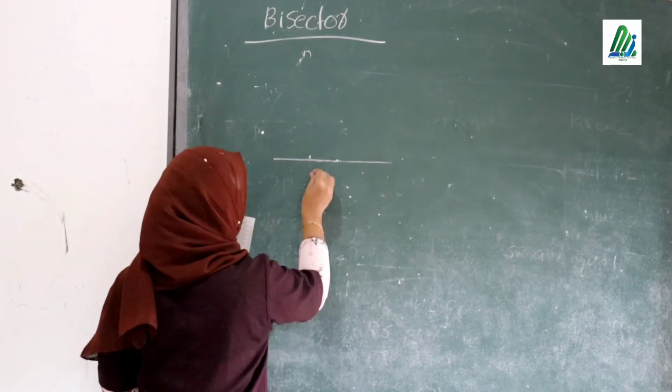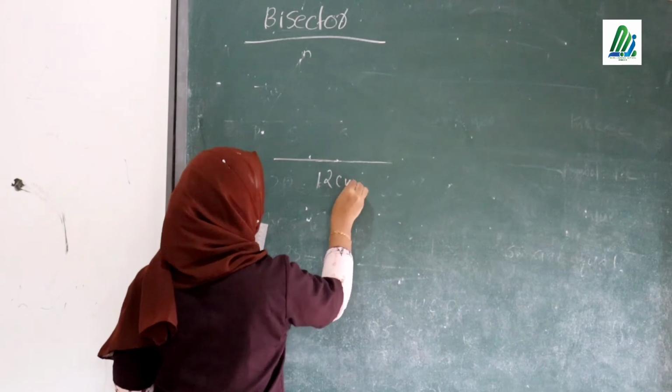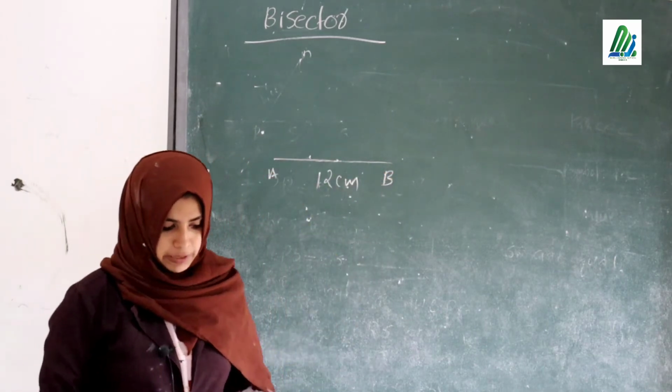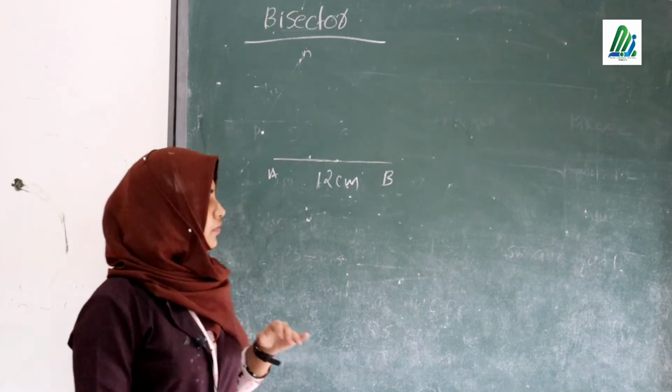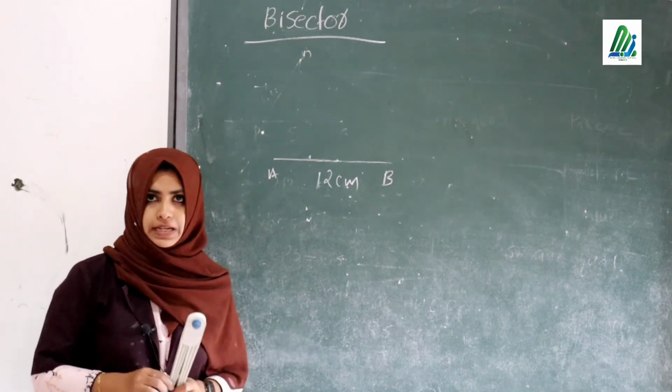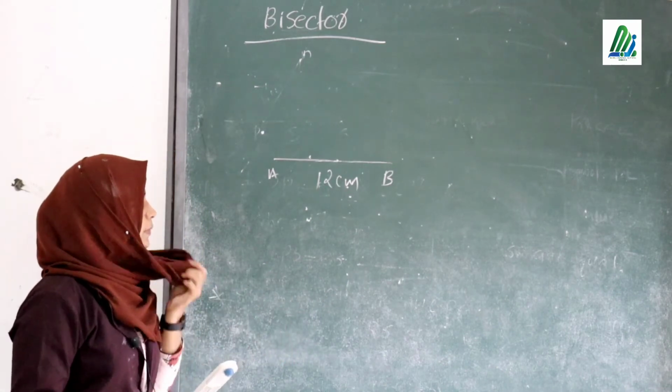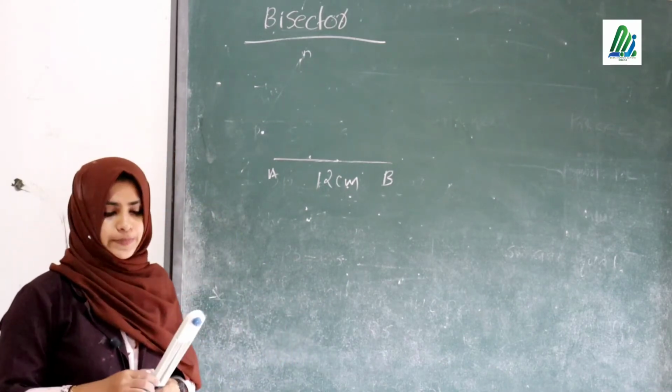Here I take the line AB as 12 centimeter and we want to draw the perpendicular bisector of the line AB. So let's see how we can draw it.